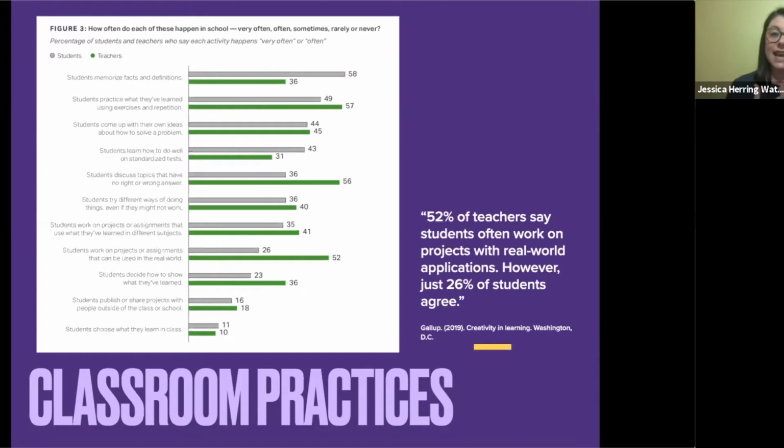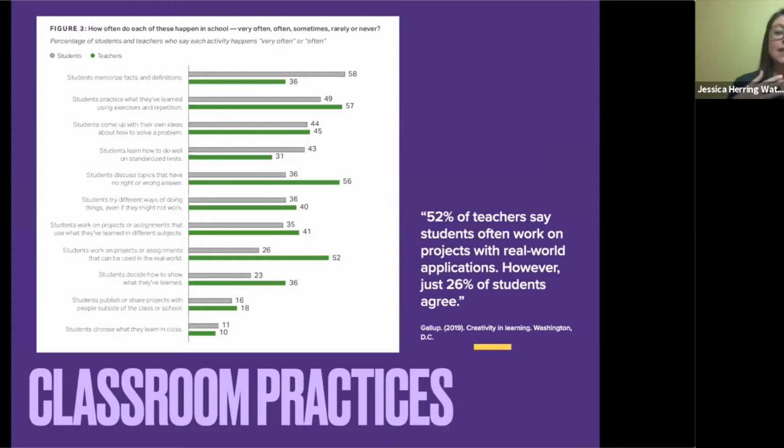So if we look at the data, students tend to think that they're using technology to practice things they've already learned, for repetition. And they also tend to think that they are memorizing facts and definitions, that they're learning how to do well on tests. So I think it's really interesting.